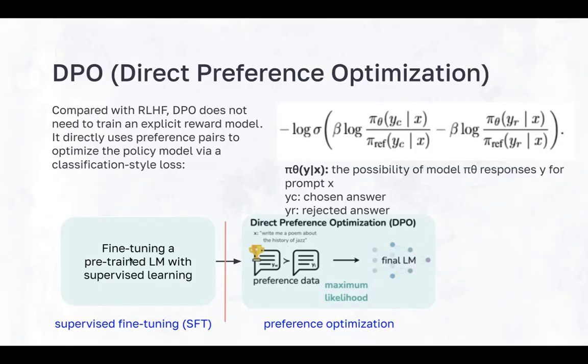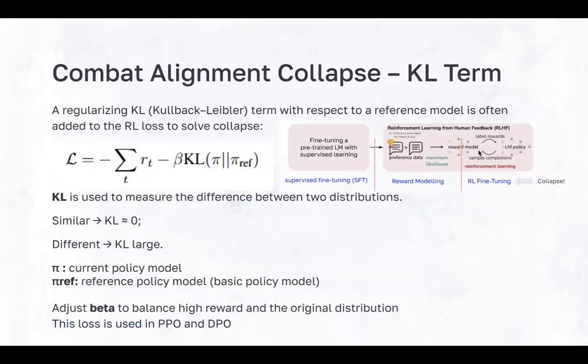In this process, the first step is all the same, but in the second, we use this loss function, and we also change the input data. In the previous method, we used the preference data to train the reward model, and finally we used their scores to do the reinforcement learning fine tuning of the policy model.